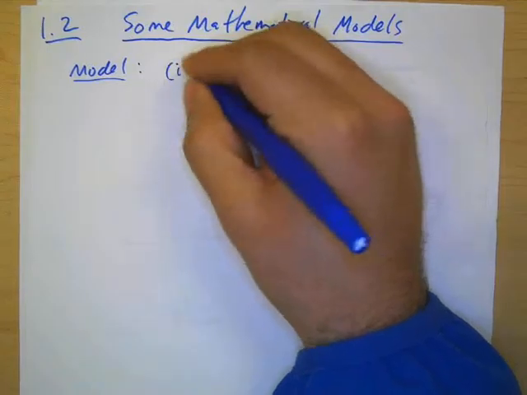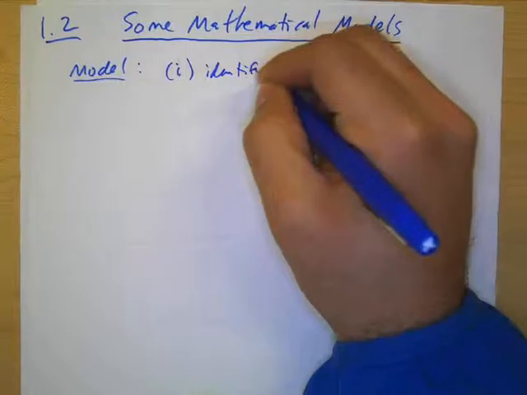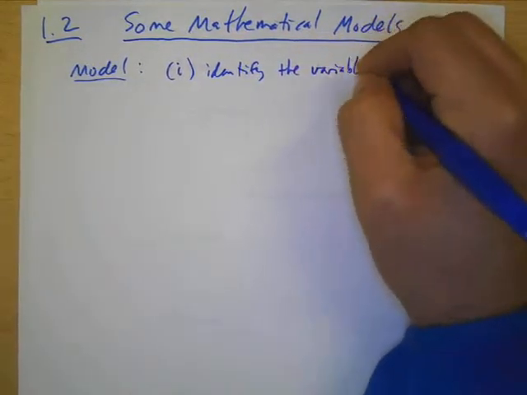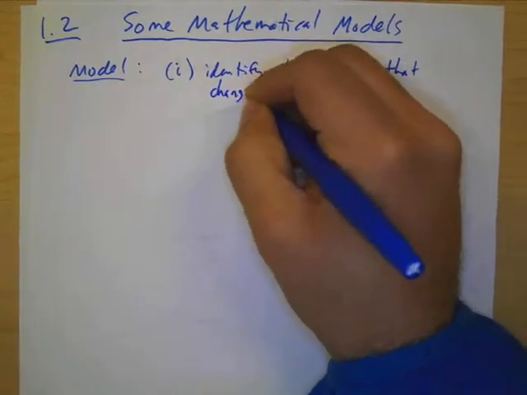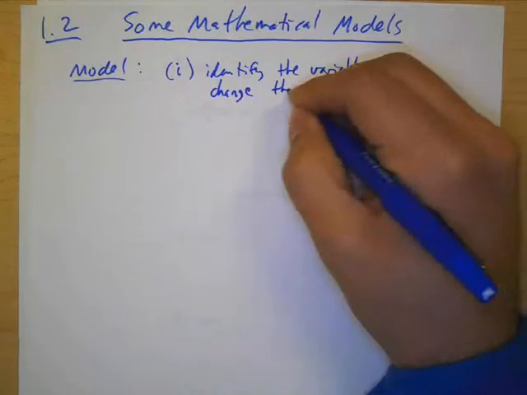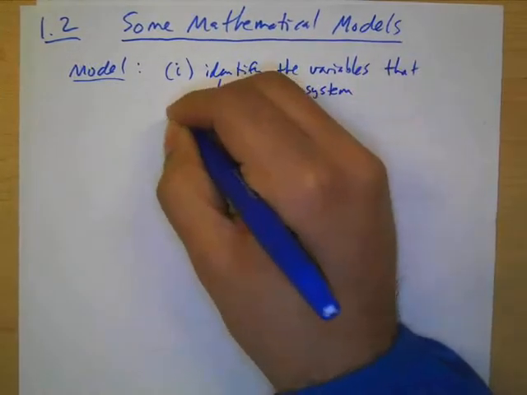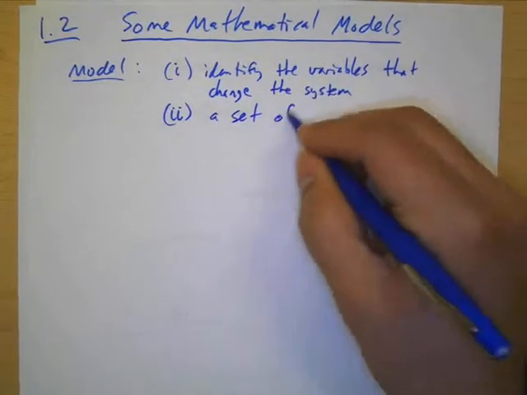One, you want to make sure you identify the variables that change the system. And you're also going to have a set of reasonable assumptions.